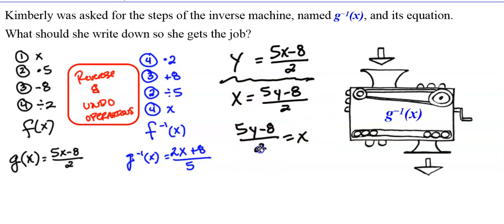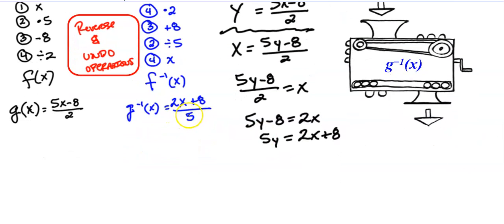And what we then do is start undoing this, and we have to get the y by itself. The first thing we do is multiply by 2, because that gets rid of the dividing by 2. That gives us our 2x, which is good because that's what we have right here. And then we're going to add 8. So we get 5y is equal to 2x plus 8, which is good because that's what we had before. And since this is 5y, we divide by the 5 to get rid of it.